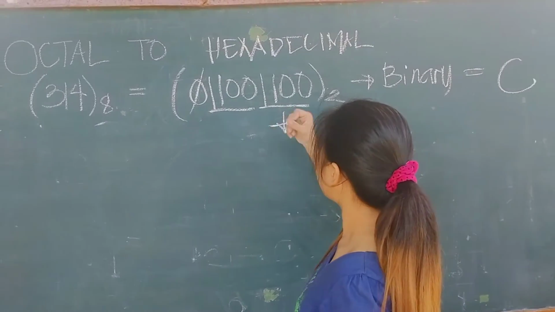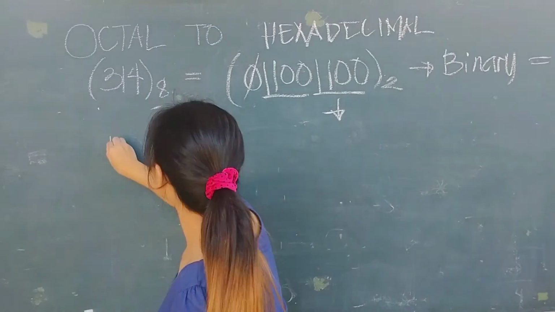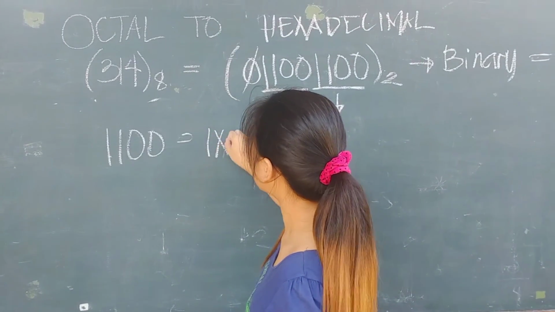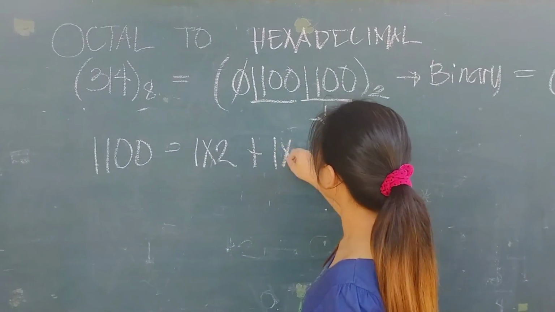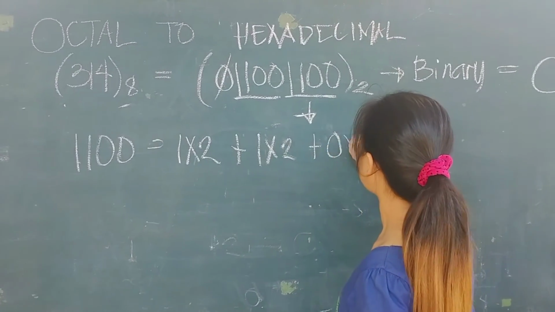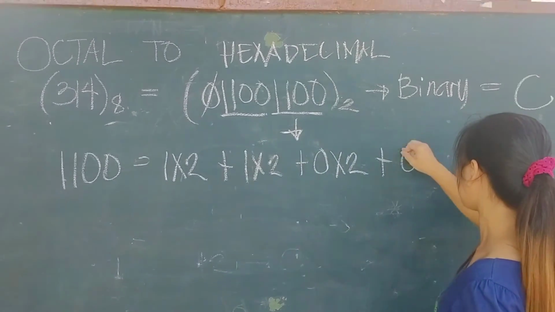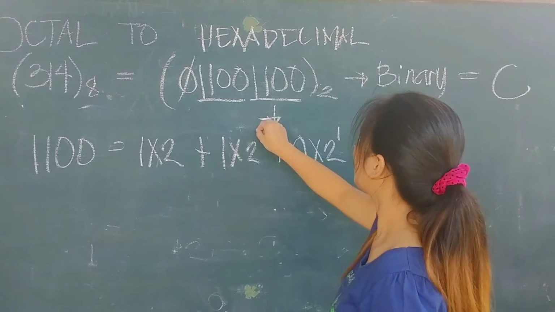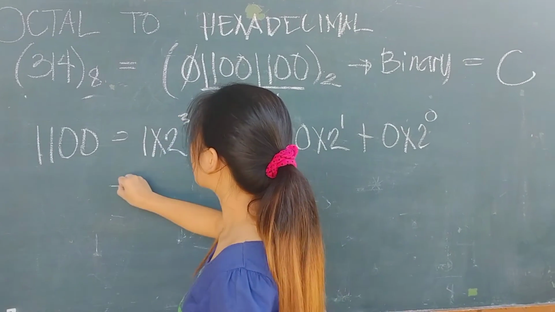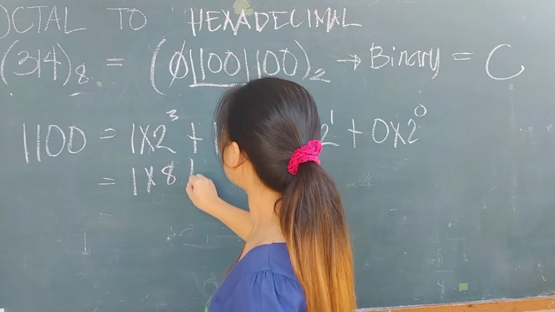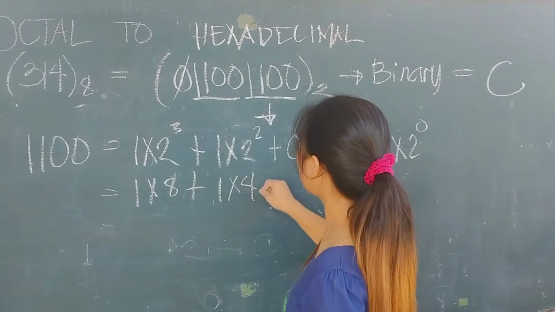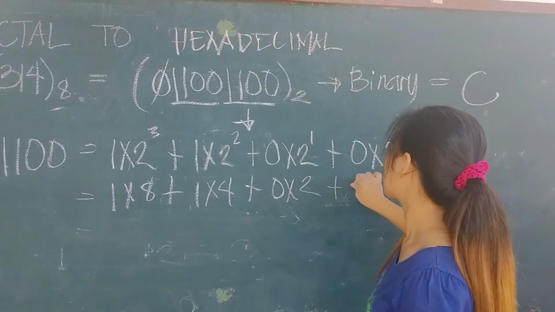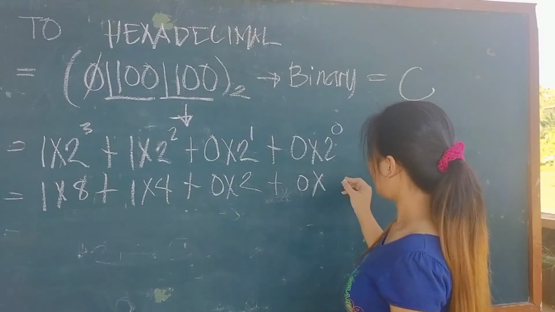Second group of bits. So 1, 1, 0, 0 is equal to 1 times 2 plus 1 times 2 plus 0 times 2 plus 0 times 2, and put an exponent 0, 1, 2, 3. So 1 times 8 plus 1 times 4 plus 0 times 2 plus 0 times 1.